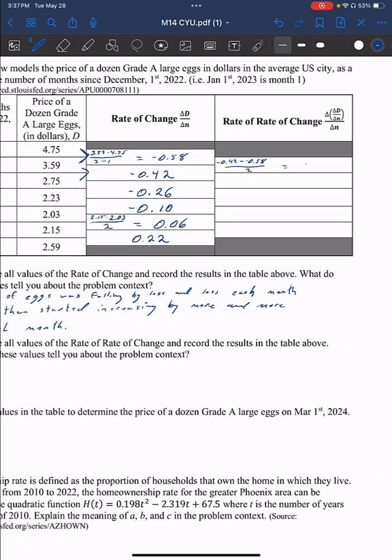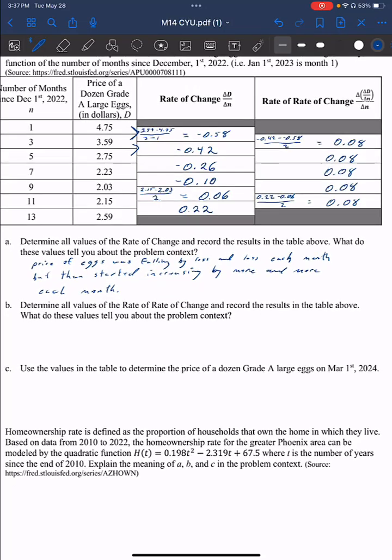And that results in a positive 0.08. If I were to continue all the way down, in each case, I get a positive 0.08. And you can check just to make sure here, 0.22 minus 0.06 all over 2 does indeed give me a 0.08. And so I see that the rate of the rate of change is constant.